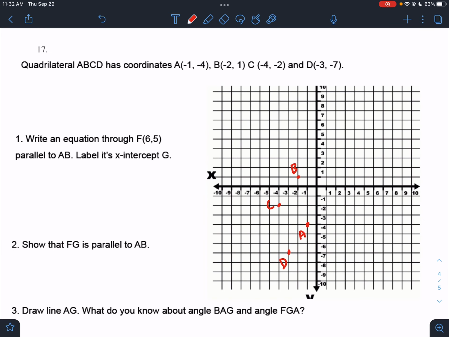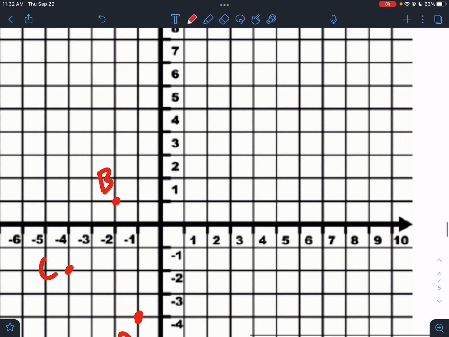Write the equation through F. (6, 5). Well, hello, F. So 6, and 5 up. (6, 5). There's F.